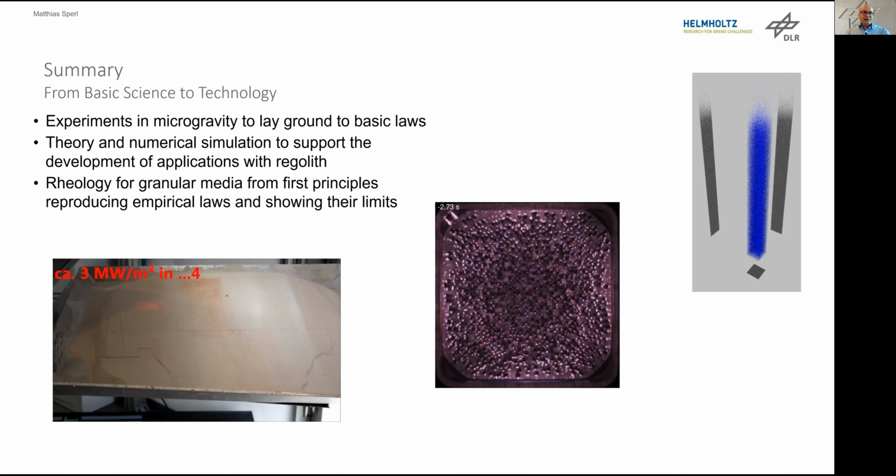The rheology of such granular media from first principle promises to be predictive enough that for the moon or other unknown environments, you can rapidly map out some parameter space, reproducing empirical laws, showing their limits, and making the prediction of the mission then safe.